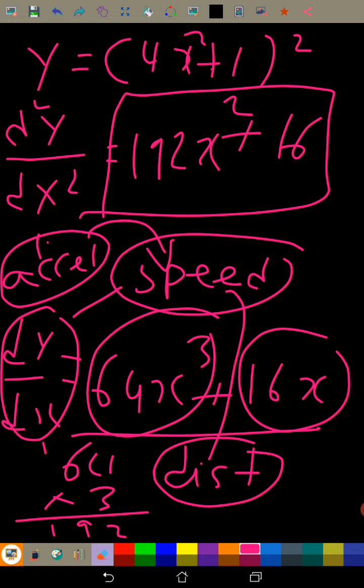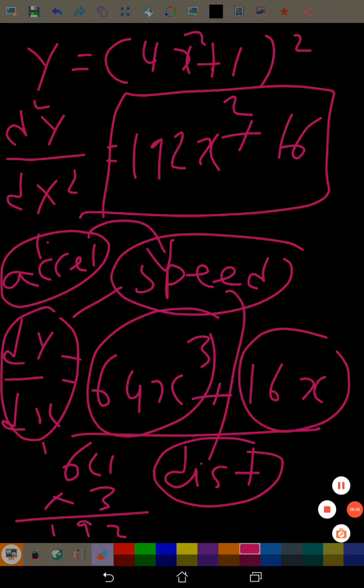We learned how to use the chain rule, and I'm more interested in learning more rules, because now you are used to all these things. Let's do further differentiation after this. So this was just an introduction to the second derivative.